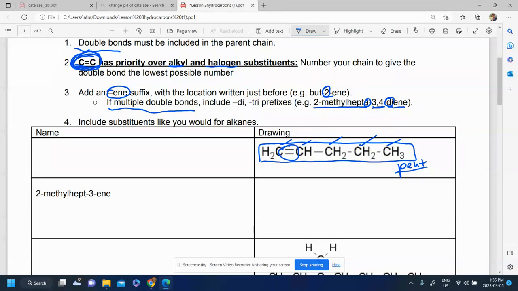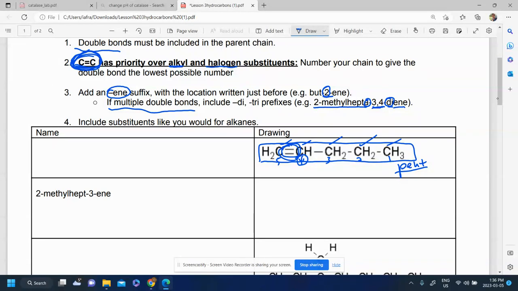Now, where's the double bond located? Well, we have to start counting to number it to get the smallest possible number for the double bond location. You could count from the right side to get 1, 2, 3, 4, 5. If you count from the right side, your double bond would be at carbon number 4.